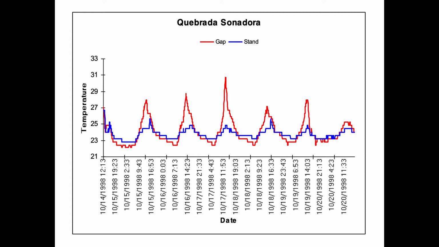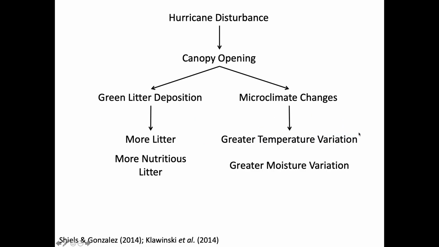These two things are seen, at least temperature is seen in this plot, where you see that in treefall gaps you have higher and lower temperatures, warmer temperatures during the day, colder temperatures at night, as opposed to the stand that is in blue, showing you that the temperatures are more moderate in terms of their swings.